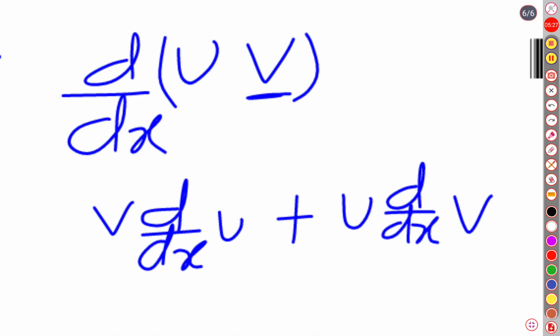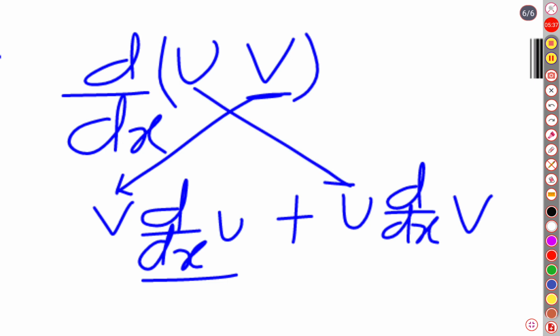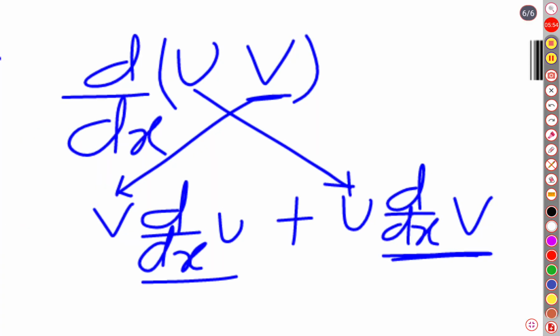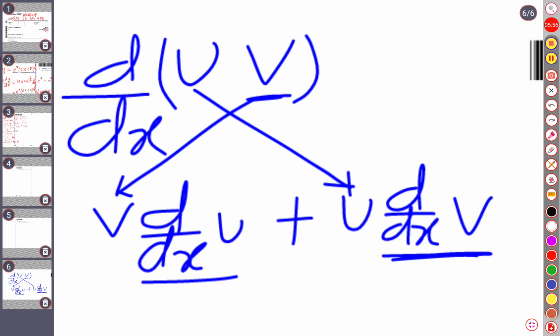So the simple way: the second function is written first into the derivative of the first one, then, alternately, the first function into the derivative of the second function. Very simple. The same way we have written over here.